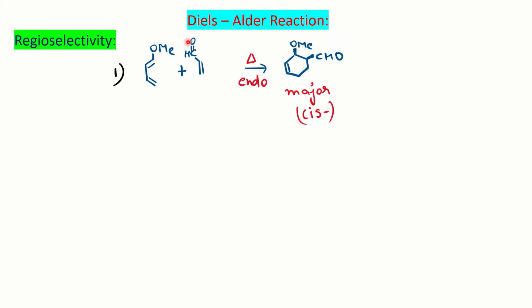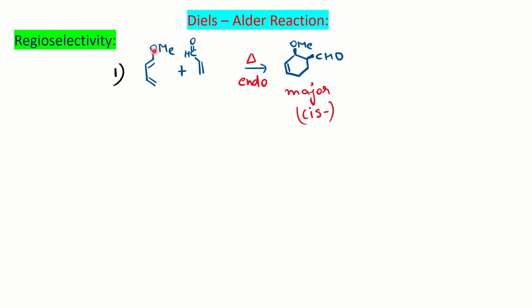So endo approach means you have to write down this electron withdrawing group on the dienophile towards the diene so that we can show the secondary orbital interaction which stabilizes the endo transition state. And now about the stereochemistry, you can see OMe is outside and the CHO is also on the left hand side.